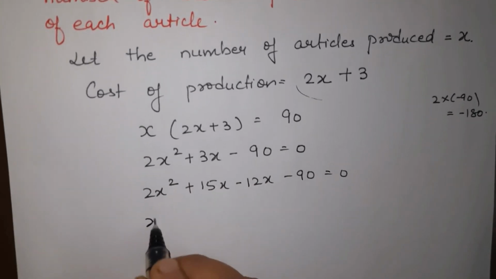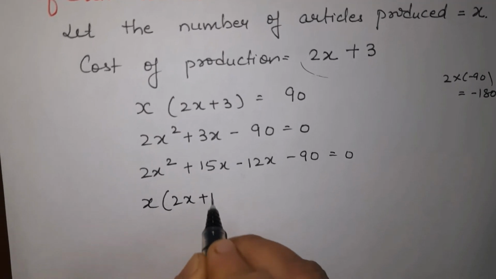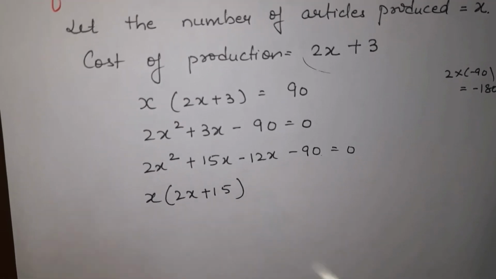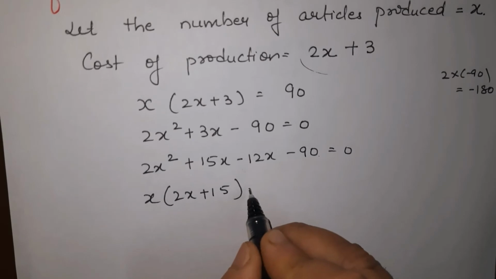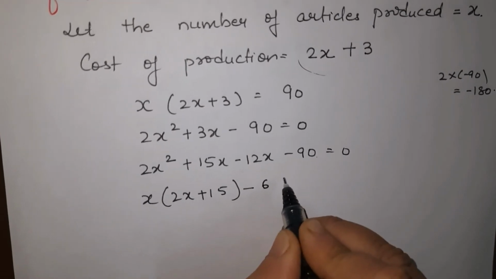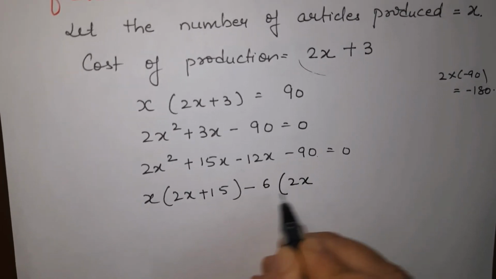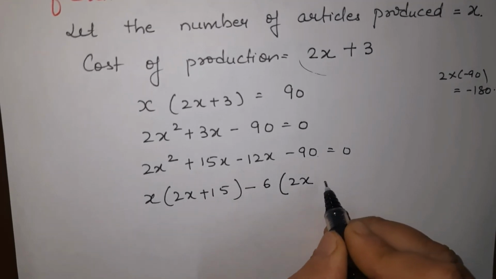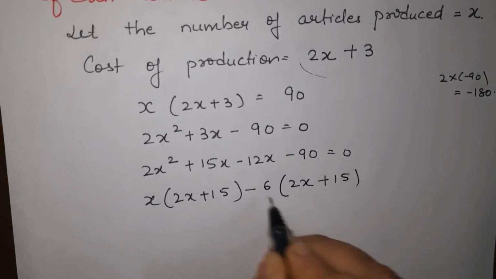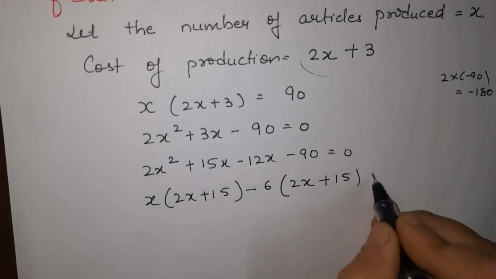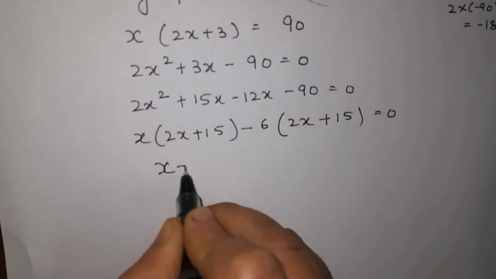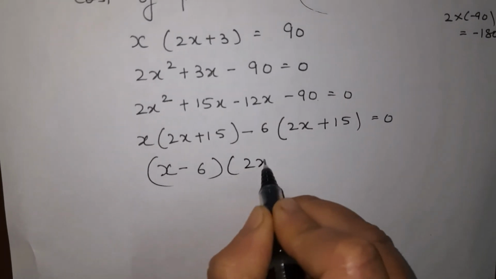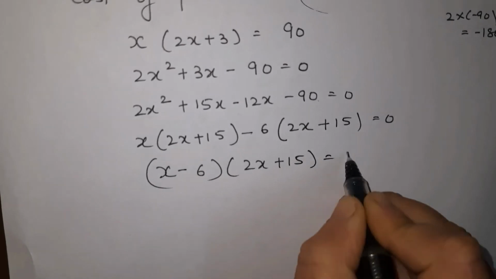So from here x is common, so 2x plus 15 is left. From here we can take common minus 6, so we will get 2x, 6 into 2 is 12 and here we will get plus 15 because minus 6 plus 15 is minus 90. So x minus 6 and 2x plus 15 equals to 0.